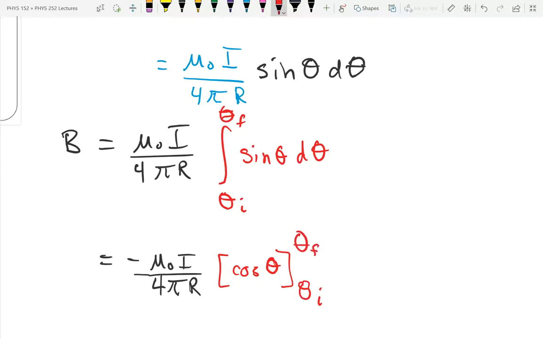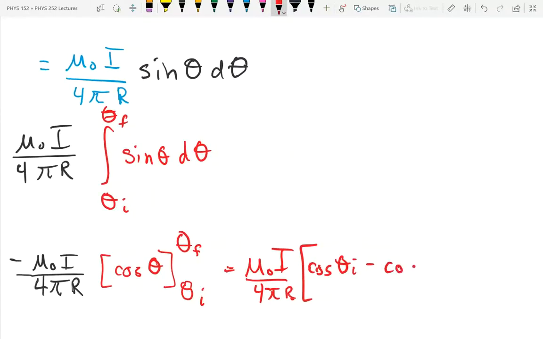Okay. So we have that, or if you prefer, notice I changed the order and put the minus sign in with my parentheses, so I just have fewer minus signs overall.